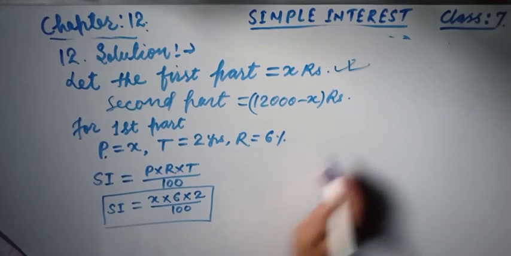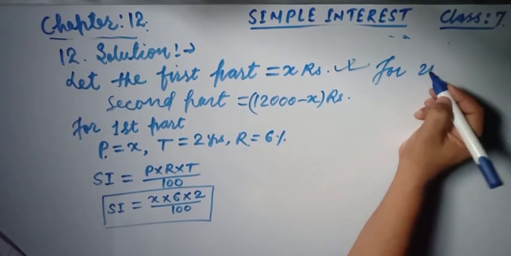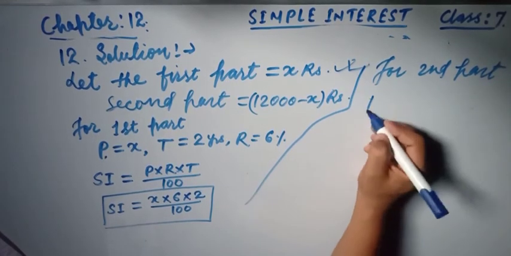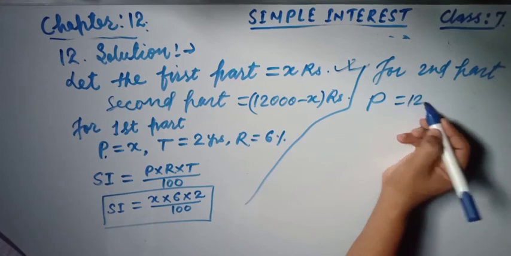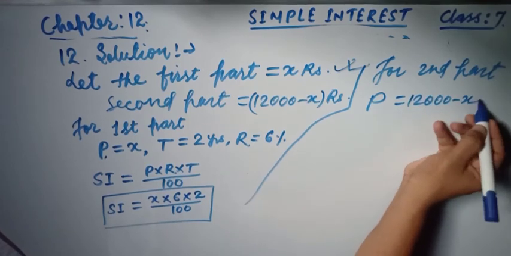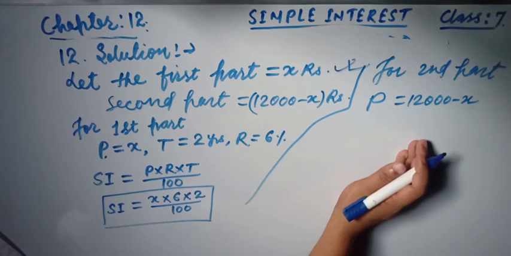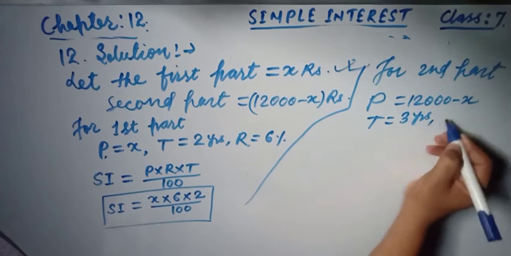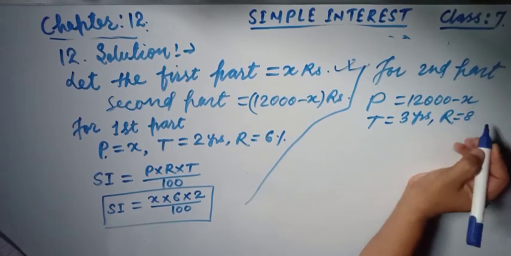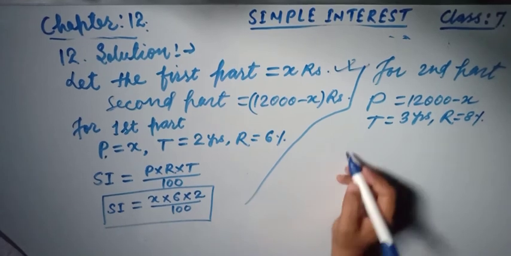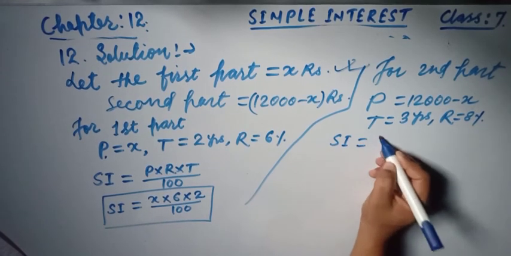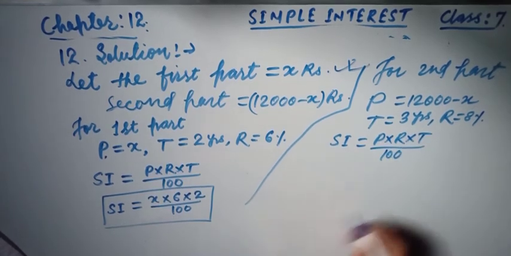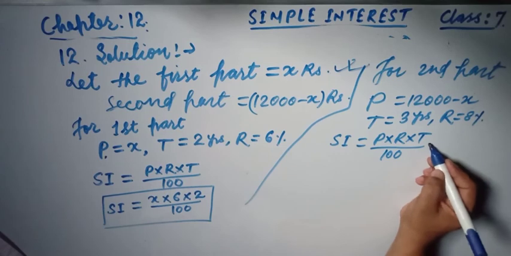Now for the second part, P is equal to 12,000 minus X. Now time is equal to 3 years and R is equal to 8%. Now here the SI is P into R into T from the formula, divided by 100. What is P here, friends?